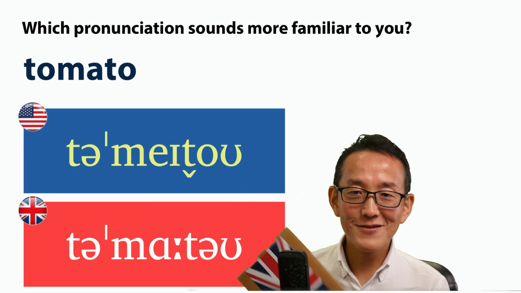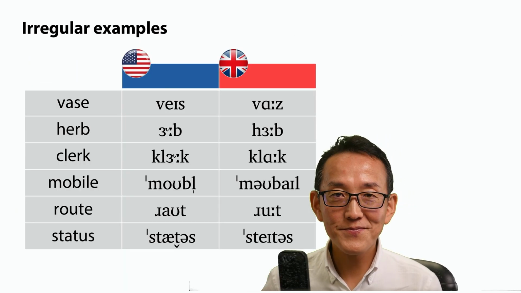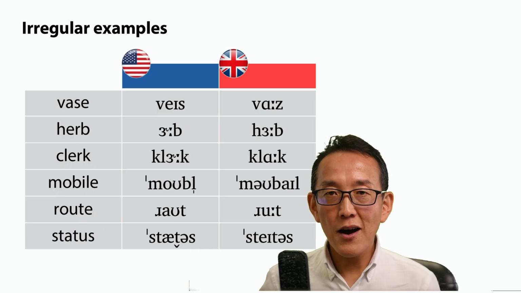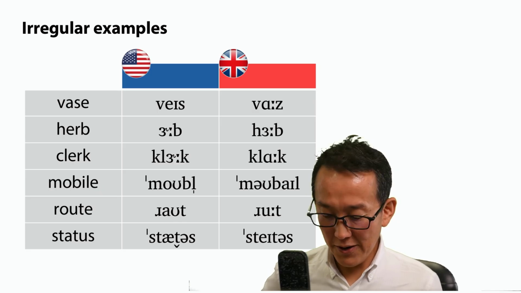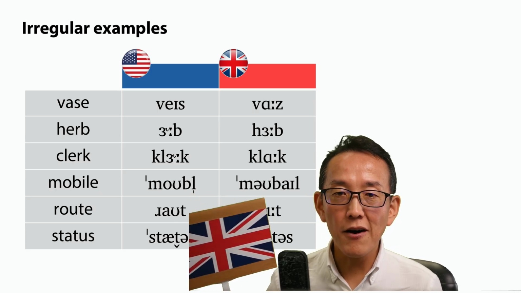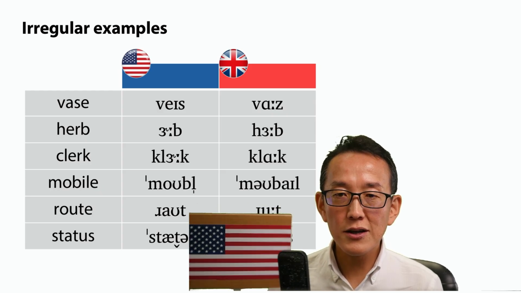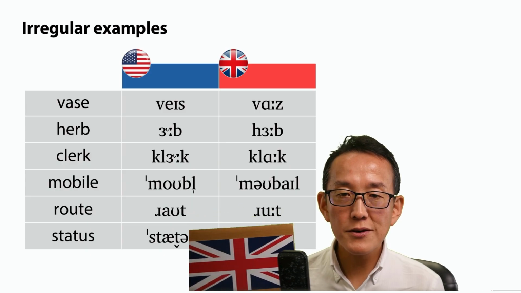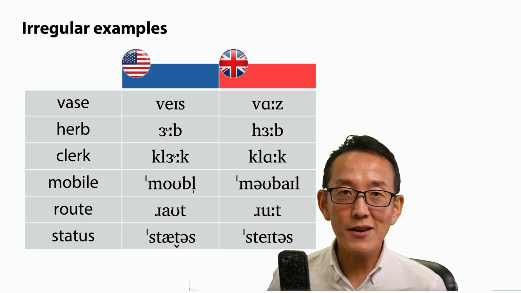Tomato. So which one do you think you learned? So there are other irregular examples like vase, herb, clerk, mobile, route, status, stuff like that.